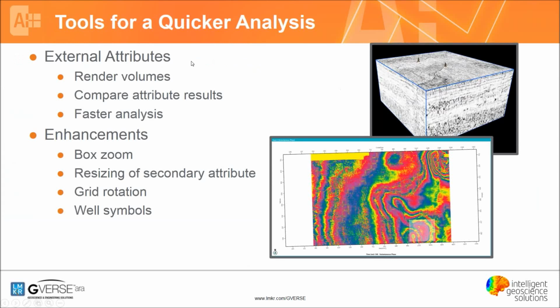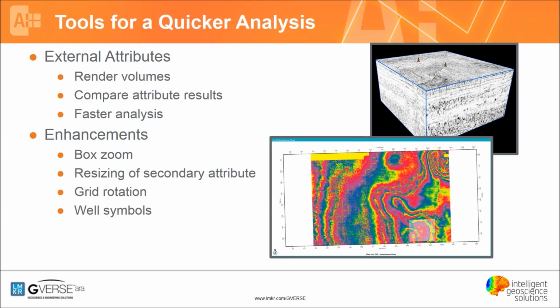And then we have a bunch of different tools for quicker analysis, which includes the external attributes or pre-computed attribute support, which helps you render volumes. You can create an attribute volume in some other software and import that into the workspace to compare what your results look like. And obviously it helps with faster analysis because you have the attribute already computed. You don't have to do it on the fly.